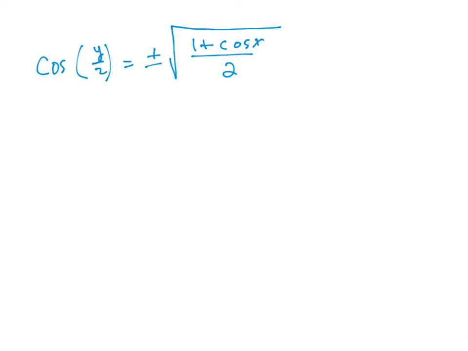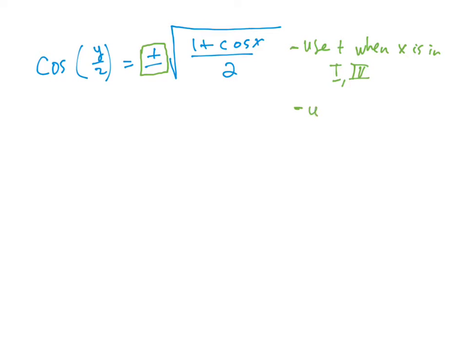Now, when we're talking about whether to take the plus or minus here, cosine is positive in the first and fourth quadrants. Cosine is negative in the second and third quadrants. So we'll use plus when x is in 1 or 4.